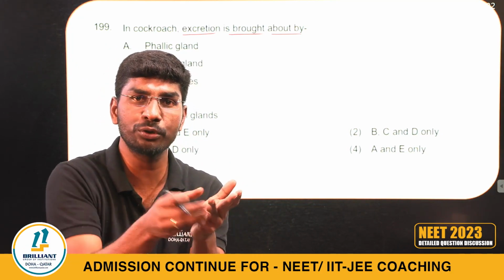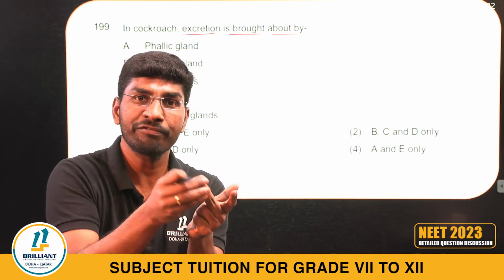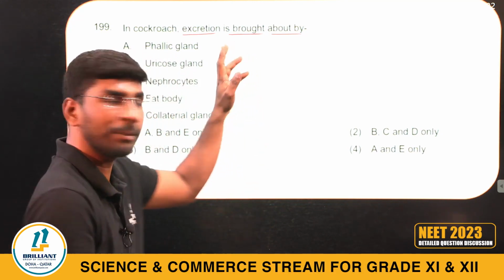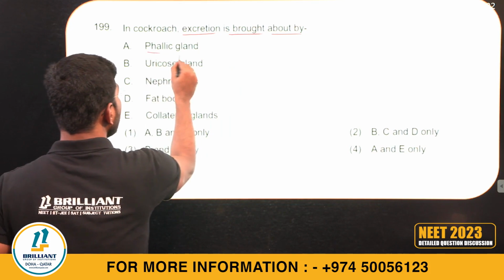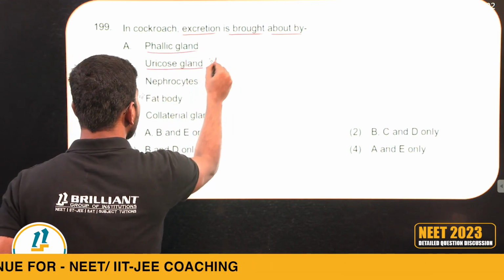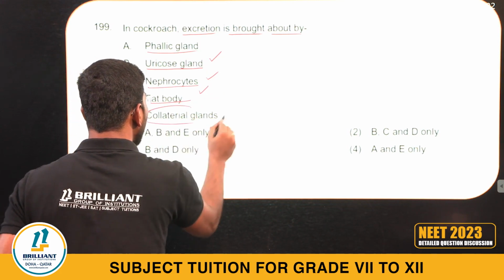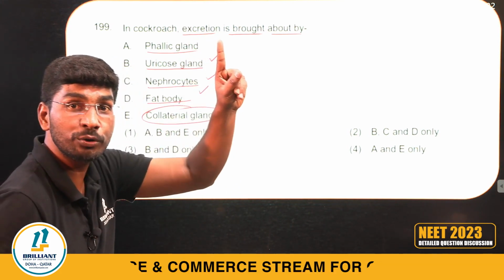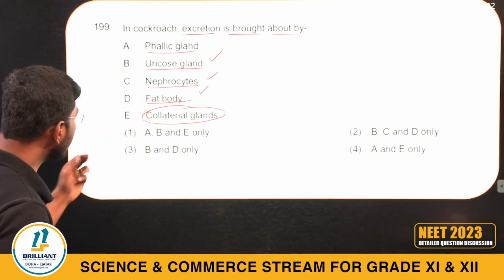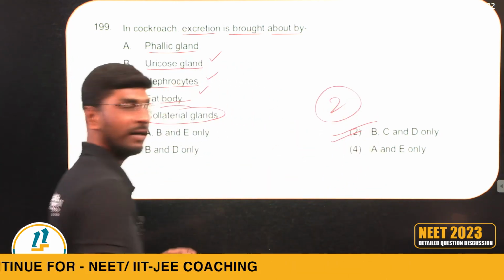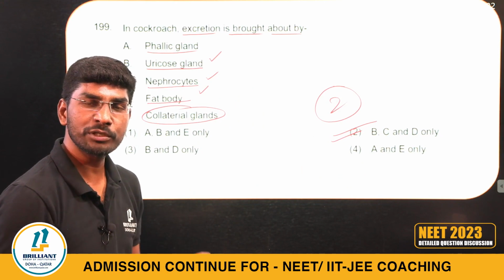Along with Malpighian tubules, nephrocytes, fat bodies and uricose glands are there. Phallic glands, leave it. Uricose glands, correct. Nephrocytes, correct. Fat bodies, correct. Collaterial glands we see in the female cockroach. Do you remember? So the answer is BCD, option 2. Are you with me, students?